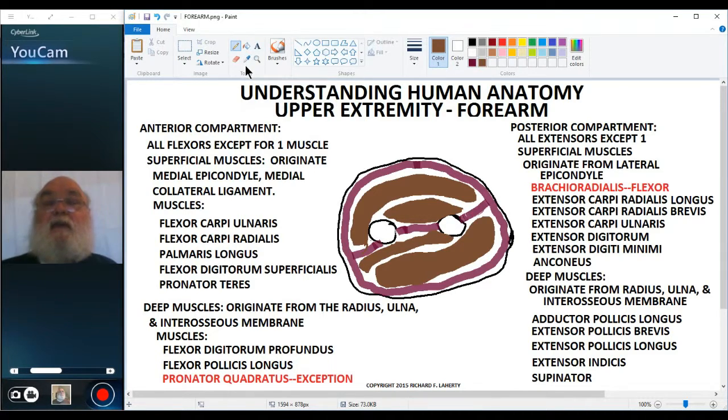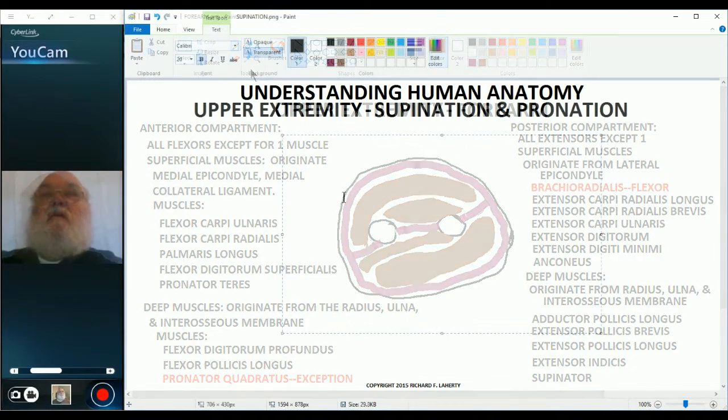Now I'd like to take a couple of minutes to talk about the muscles involved in supination and pronation. So let me get a clean slate here and we'll start talking about that.